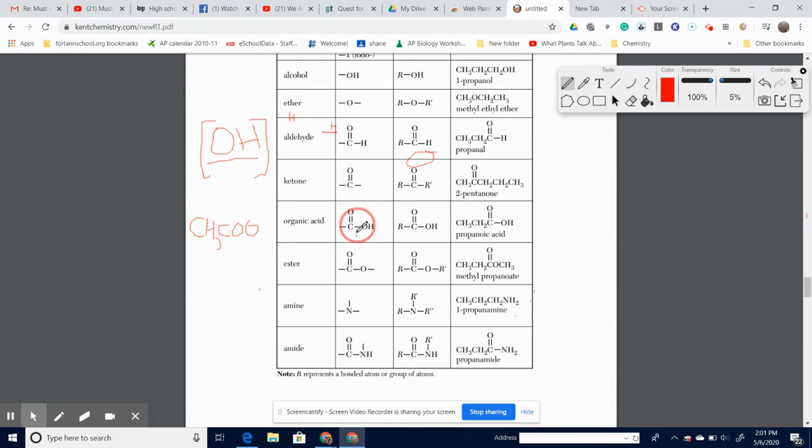This is a covalent bond right there. That's my poor attempt at an arrow, right?